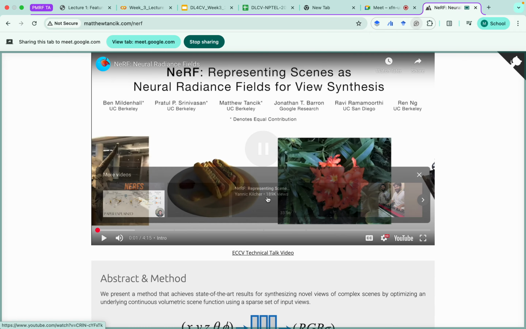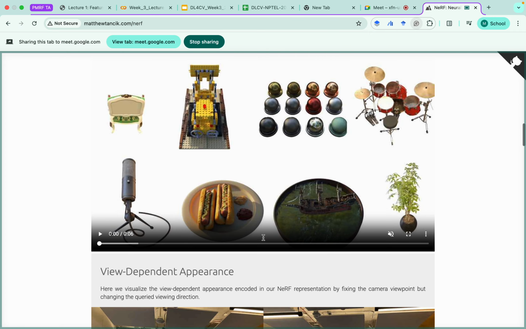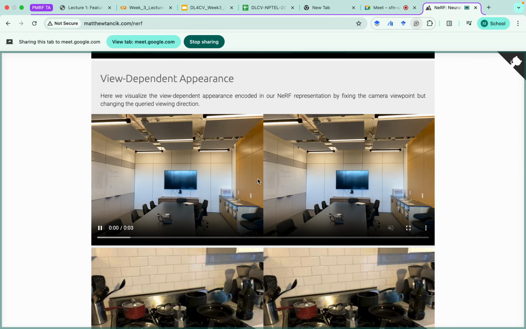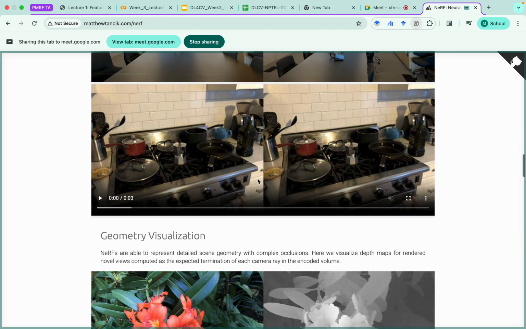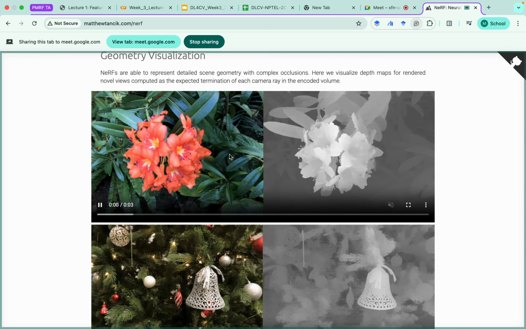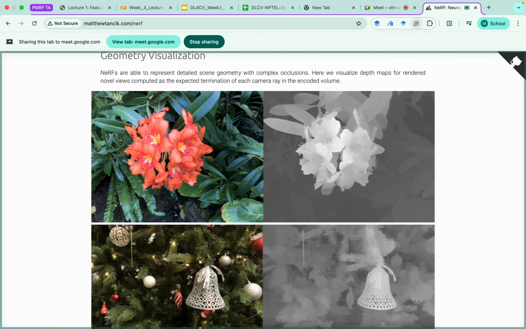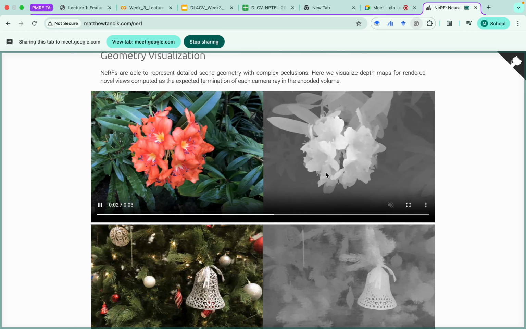So this problem is called novel view synthesis. In these kinds of applications, all these image feature matching methods would be used.